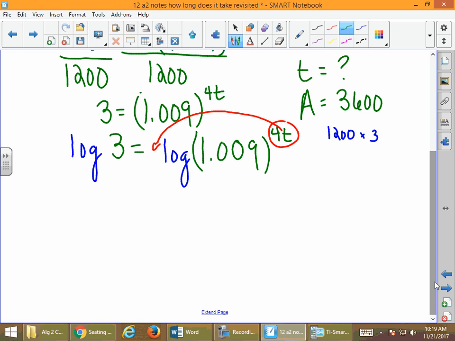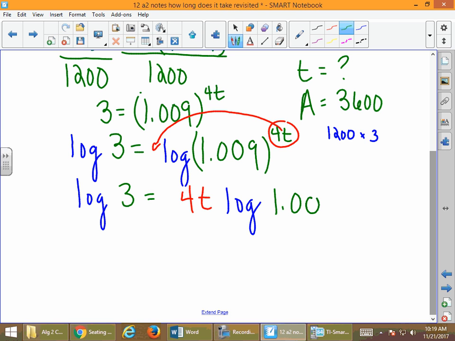So that means we've got log of 3 equals 4t times the log of 1.009.